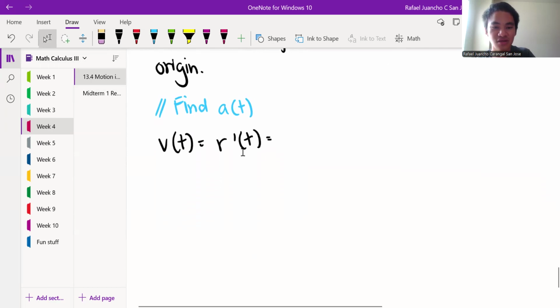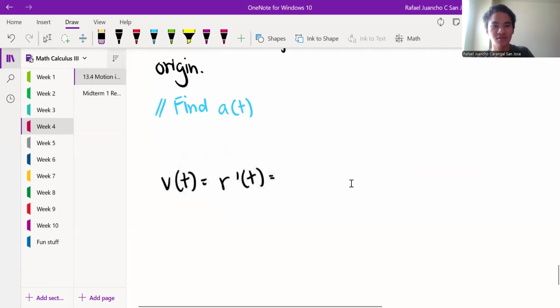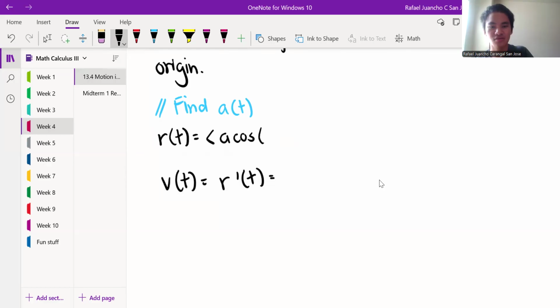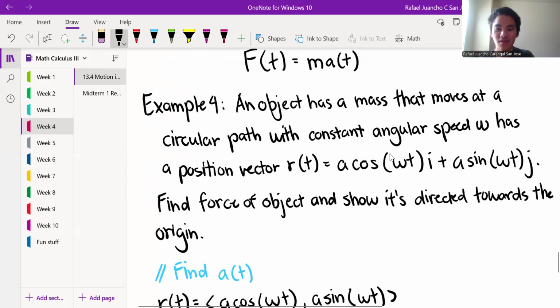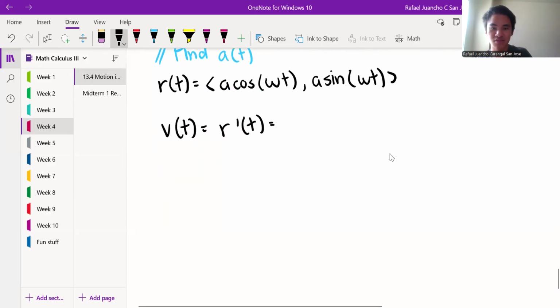Okay, actually, before I do that, let me just write my r of t in vector form. So I'm going to say my r of t is, I think this was a cosine omega t, a sine omega t. So these are circular parametric equations. What else? Yeah, so now my r prime of t is the derivative of this thing.